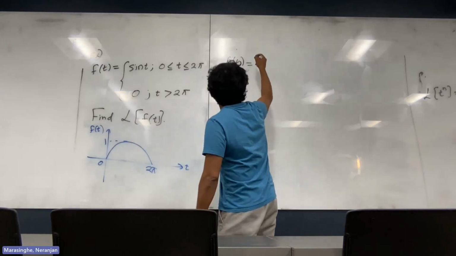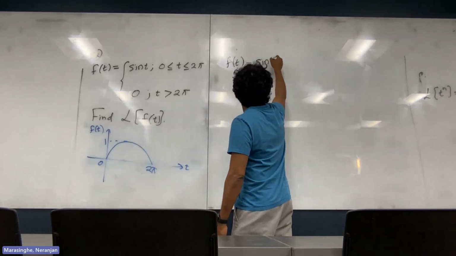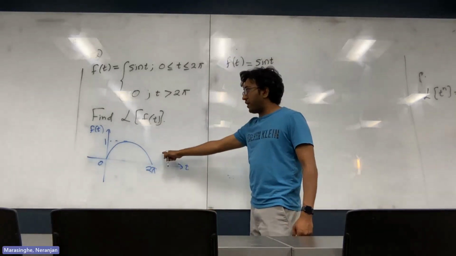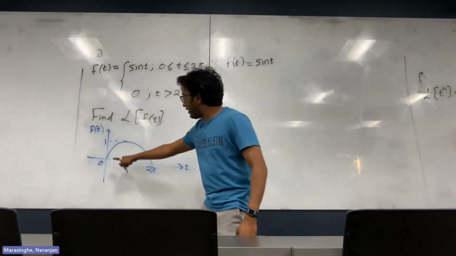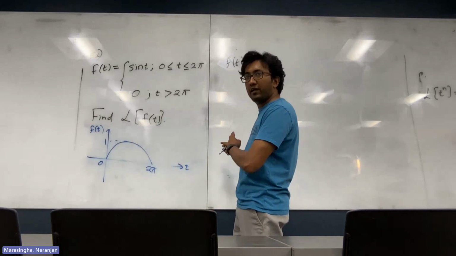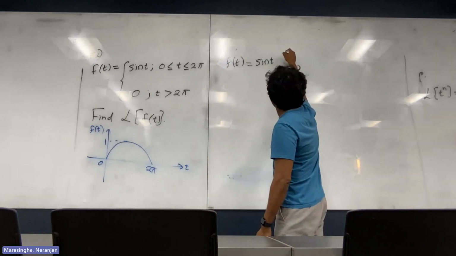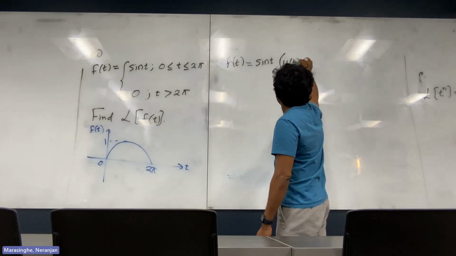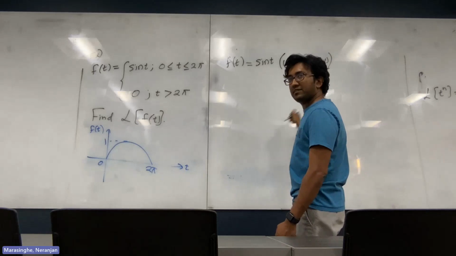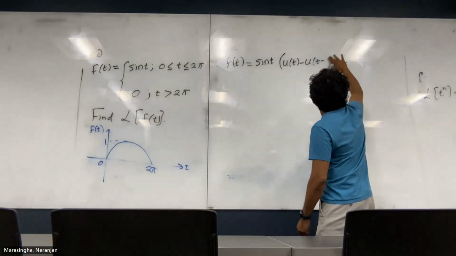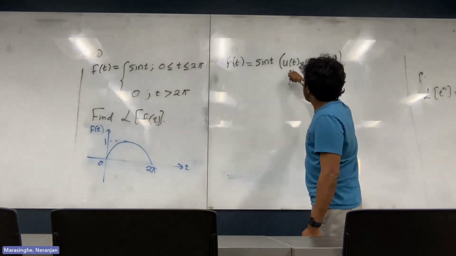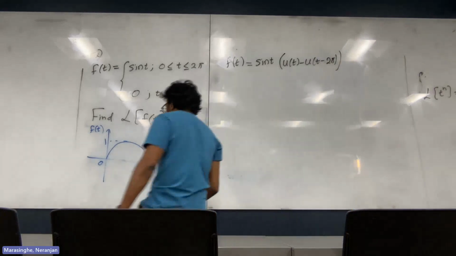f(t) equals sine t times some function, and you would get this portion. What would you get if you multiply sine t by u(t)? Then you would get this whole graph, the sine t in the positive direction. What is u(t minus 2 pi)?